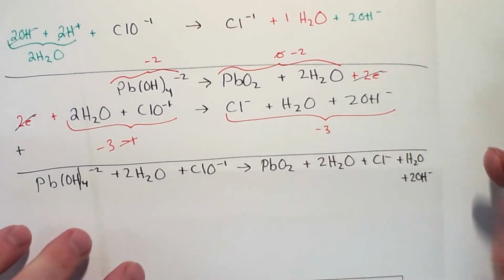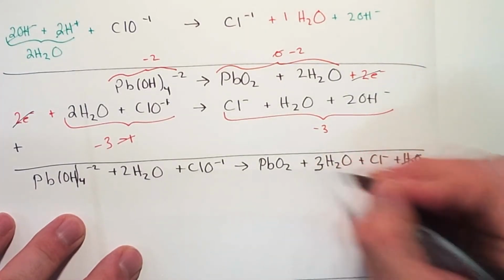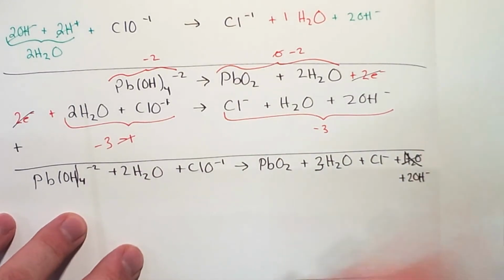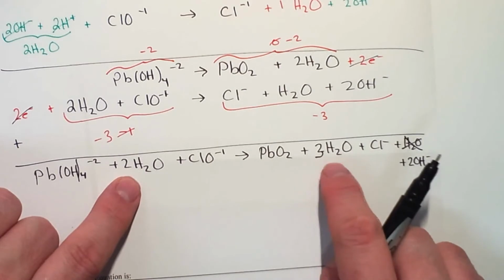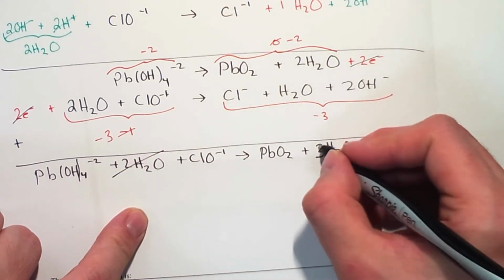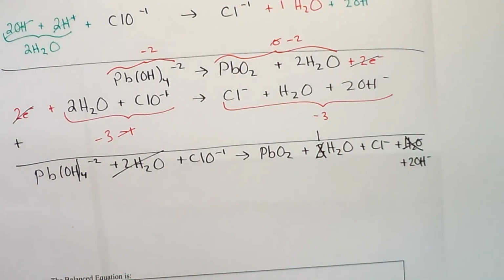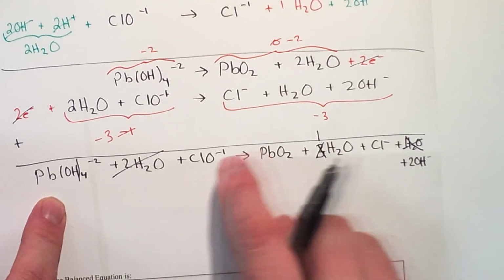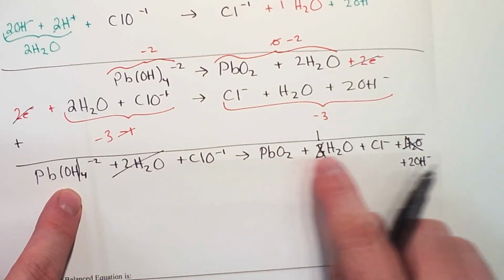So we start collecting water. So I have 1 water and 2 water. So I'm just going to change that and make it 3 and get rid of that. I have 2 water on this side and 3 on this side. So the 2 is going to take 2 away from both sides and change that to a 1. So I have lead hydroxide ion, ClO -1, PbO2.